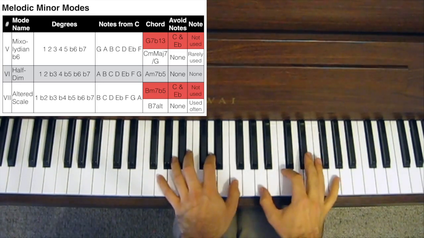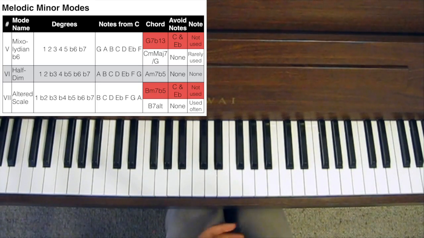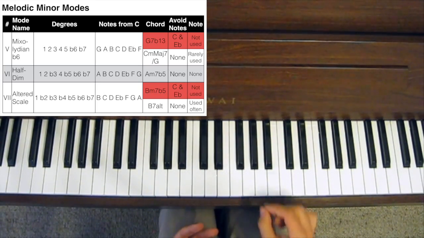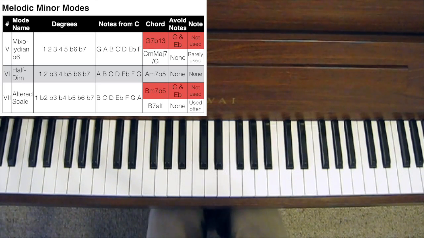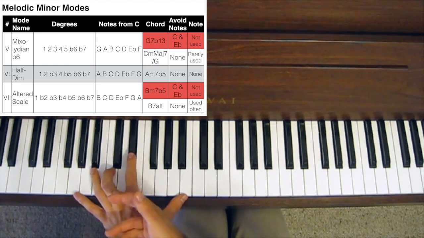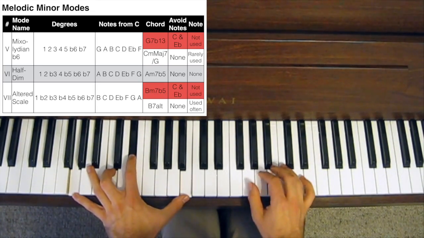So while this G7 flat 13 chord exists in theory, in practice you only really ever see the fifth mode of the melodic minor scale being used over a tonic chord, that is over a C minor major 7 with a G in the bass.